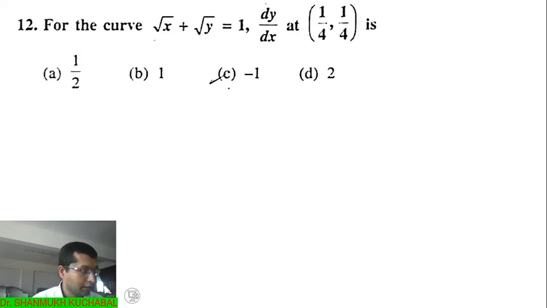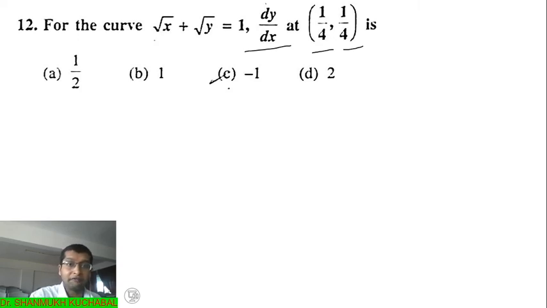Now we'll move to example number 12. For the curve root x plus root y equal to 1, here we need to find differentiation of y with respect to x. Further we have to take the value of x as well as the value of y as 1 divided by 4, and whatever solution we get, we have to find it among these 4 options.